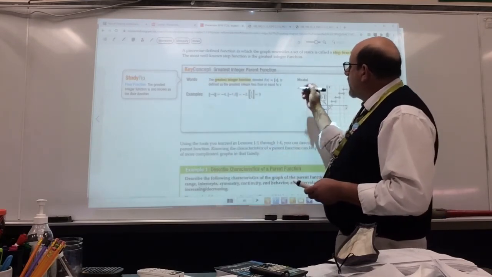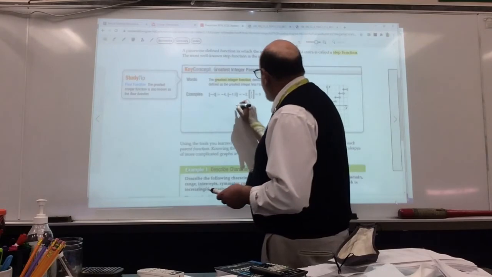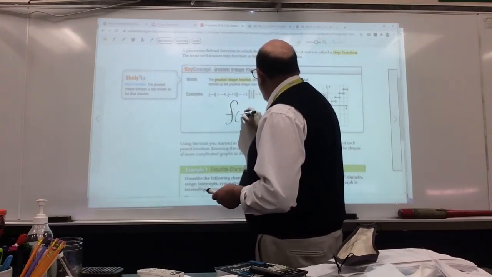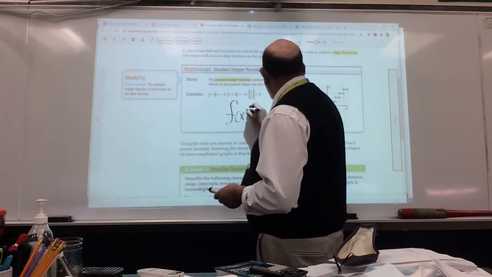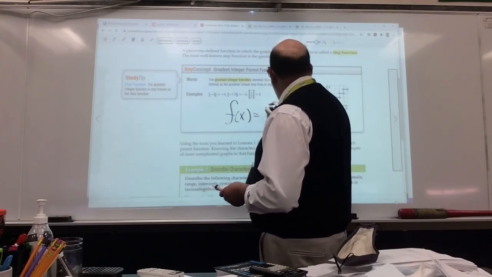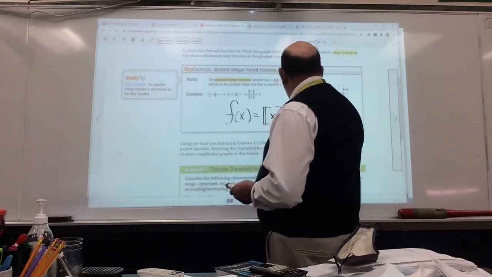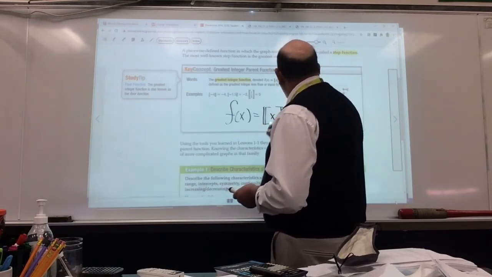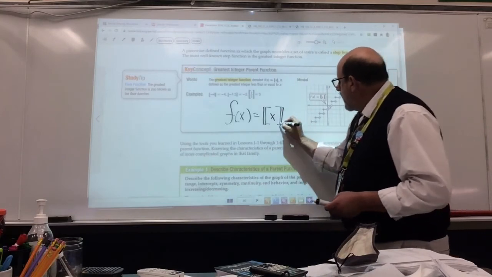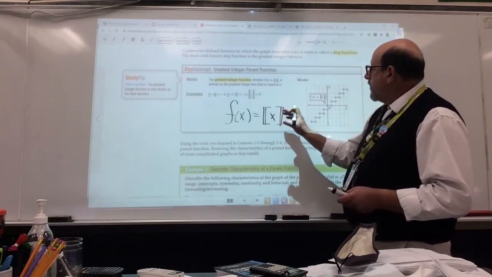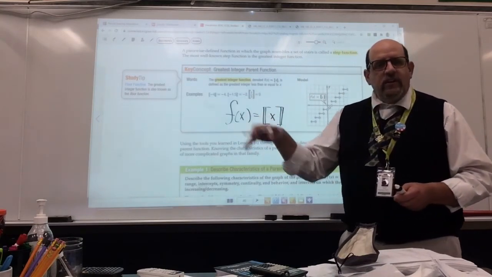Because if there's a function, let's say the function of x is that funky bracket, and you can just use regular brackets, you don't have to do this like I'm doing here. We're looking for the greatest integer that is just less than that value.